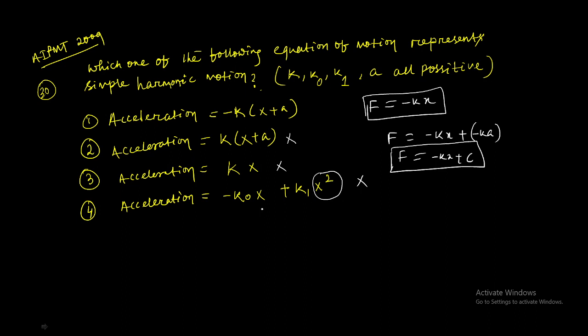For SHM there should be a restoring force, and that restoring force should be directly proportional to the displacement from the mean position, right? And x is the displacement from the mean position. And here a is a constant, so we can take this one as a SHM, right? They have given the acceleration value, so I am taking the force, so you can take the acceleration value also.